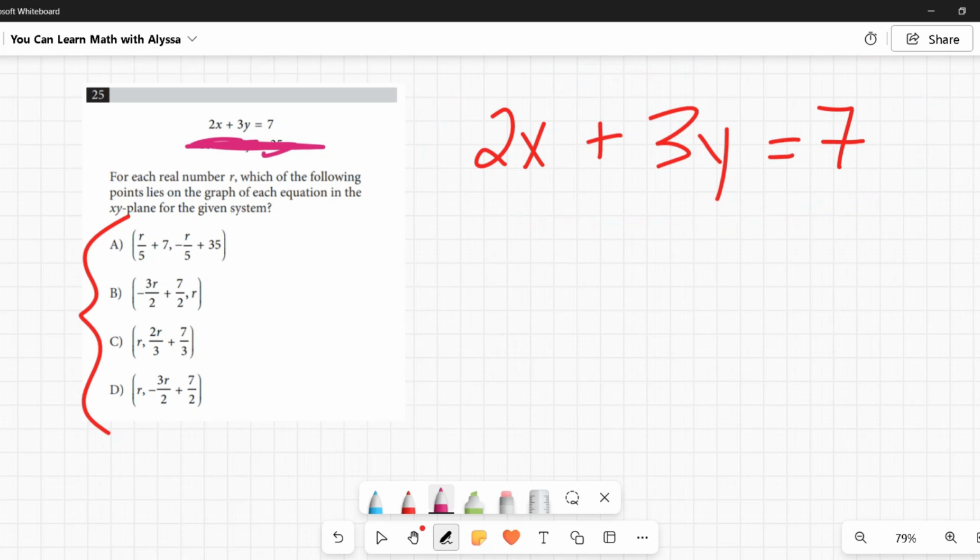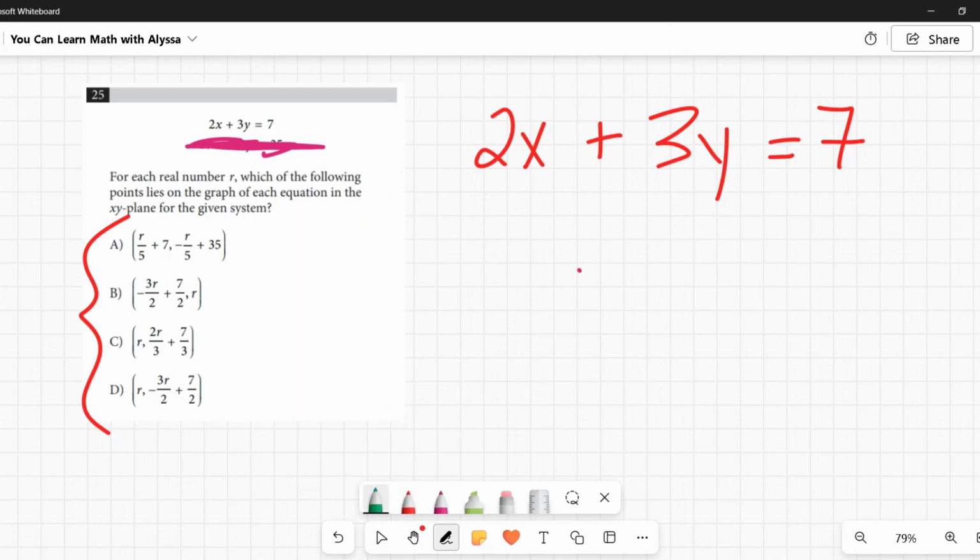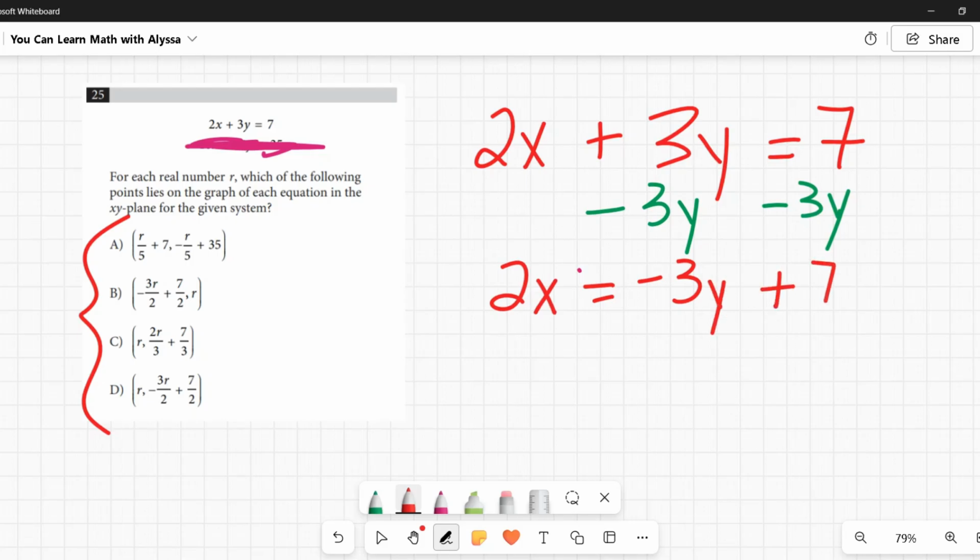All right, first I'm going to solve for x. Get x by itself. So I have 2x plus 3y, the opposite of plus 3y is minus 3y, so I'm going to subtract 3y from both sides, and I get 2x equals negative 3y plus 7. Now, x is multiplied by 2.